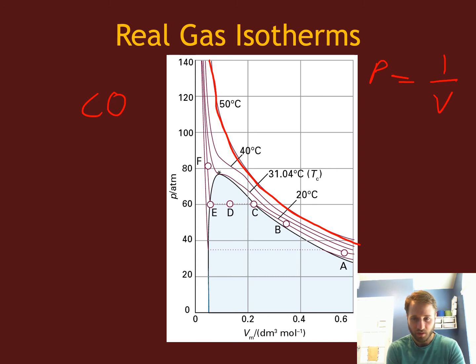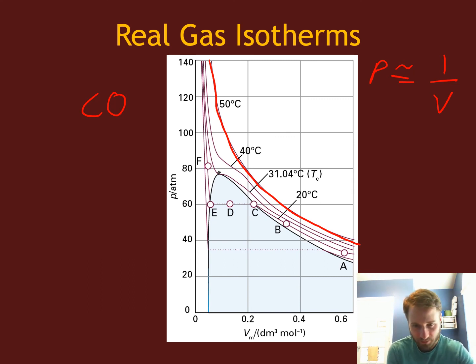There's a proportionality constant, NRT. That's the proportionality constant, but not very important. So the system behaves like an ideal gas, and it's roughly P over V.